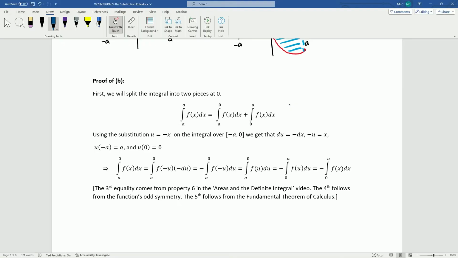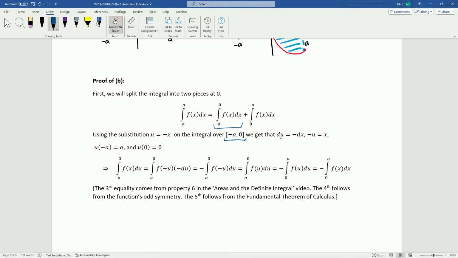And then we're going to make a u substitution. We substitute u equals negative x on the integral over the interval from negative a to 0. When we do that, we get du equals negative dx.